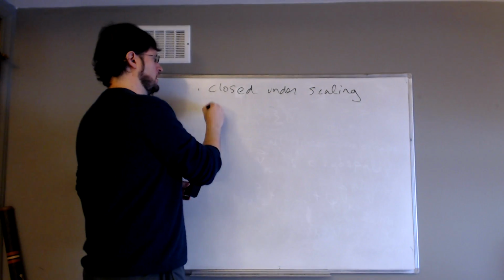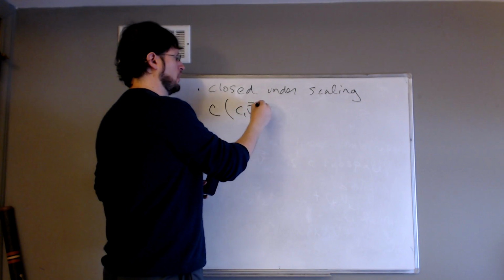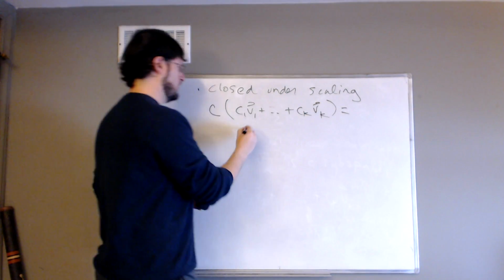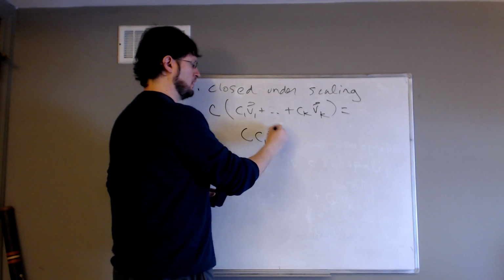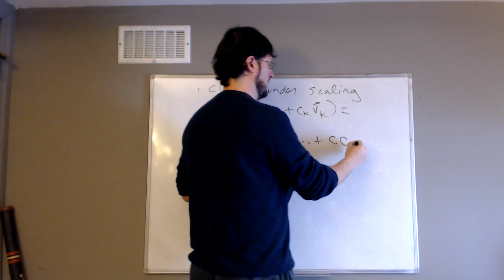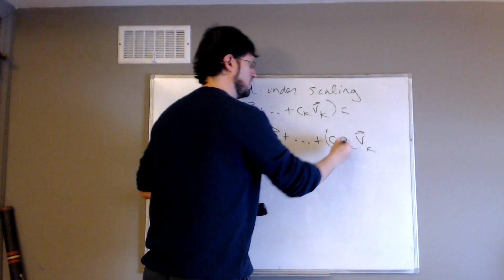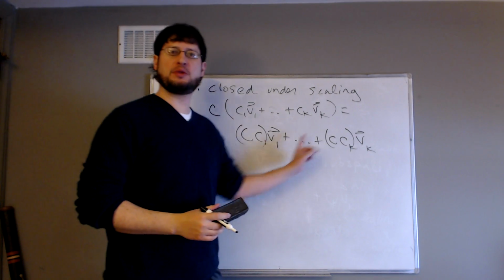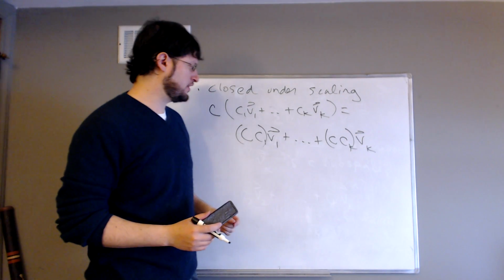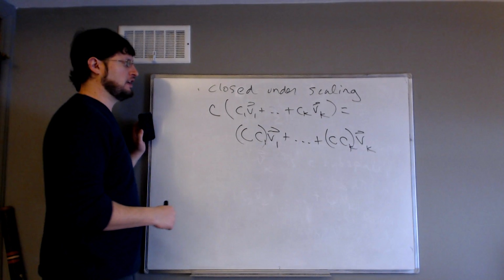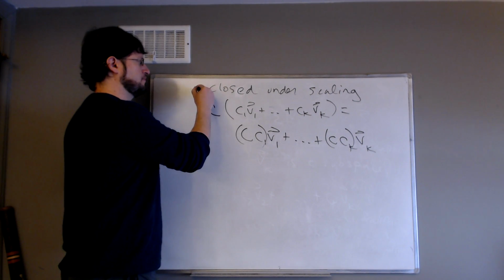So let's say C times C1 V1 plus all the way to CK VK is C times C1 V1 plus all the way to C CK VK. And the point here is that this is a linear combination of V1 through VK because I've just got a scaled version of each of V1 through VK added up. I just changed the scale.